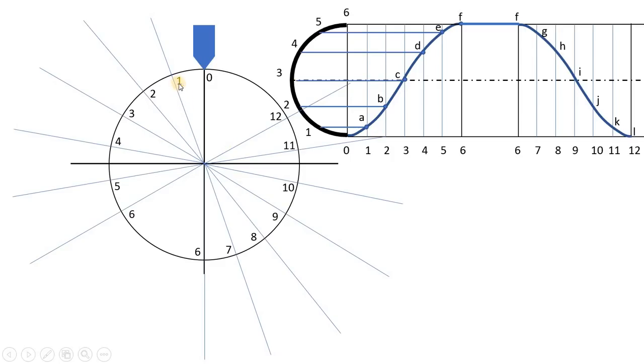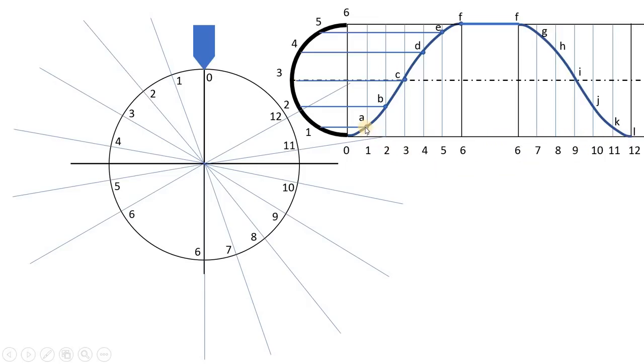So from 0 to 6, these are the parts for our outstroke. Then 6 to 12, these are the return stroke parts. As we know, this is theta O, then 12, and then there is a return stroke.